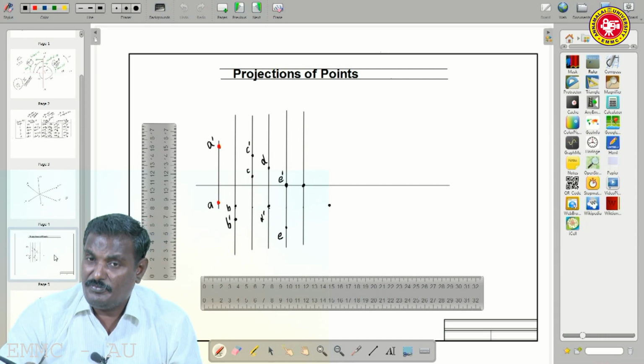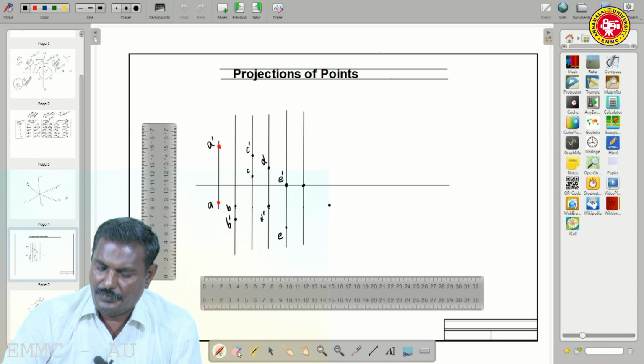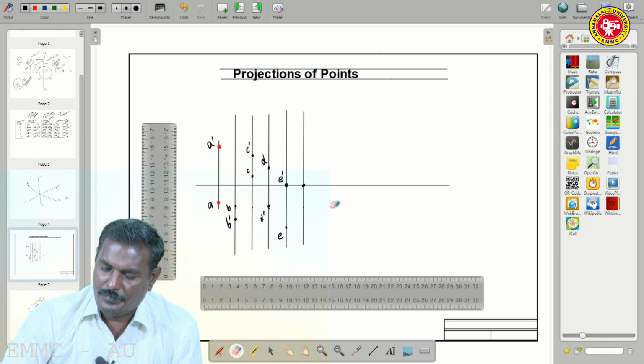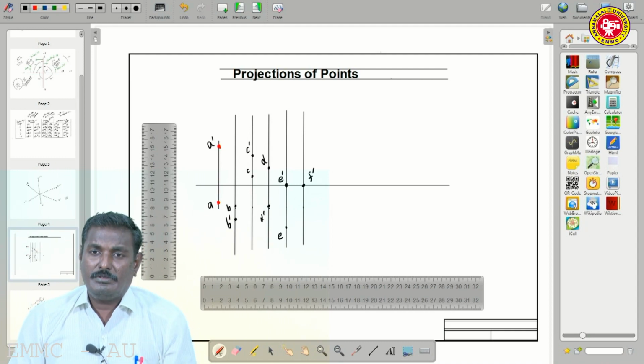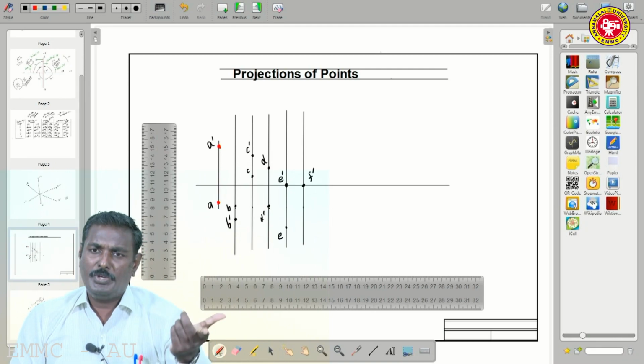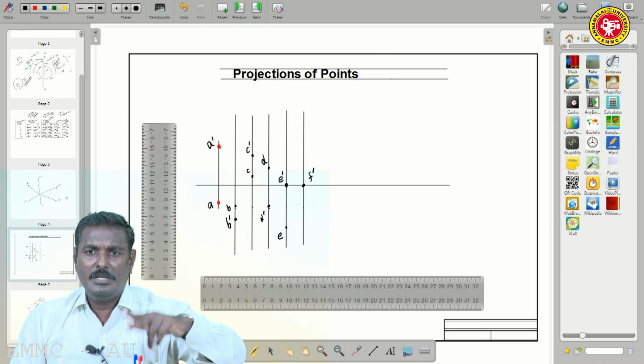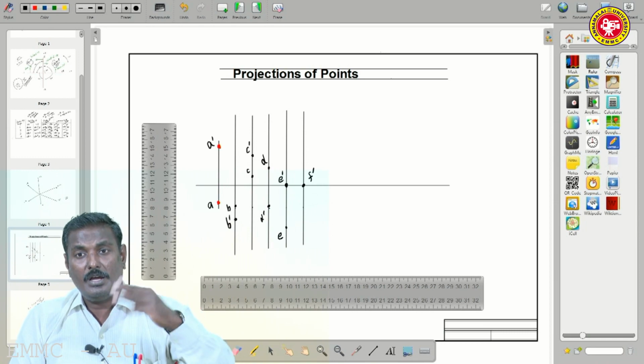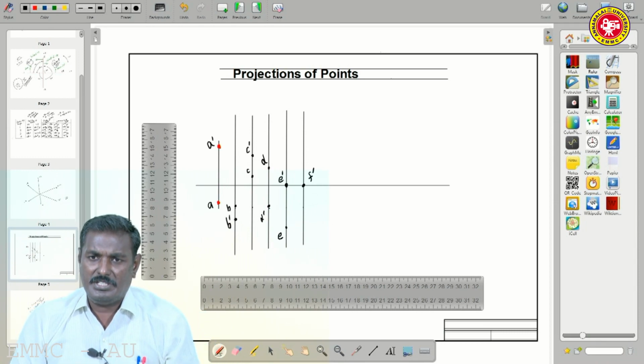The first priority is given to elevation, F dash. Suppose they are asking for a true point, then the first priority is the true point. Second one elevation, then plan, and after that end elevations.